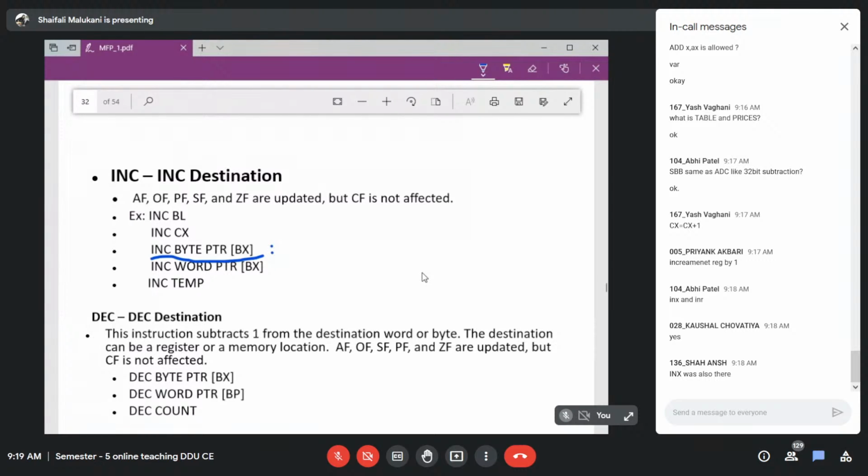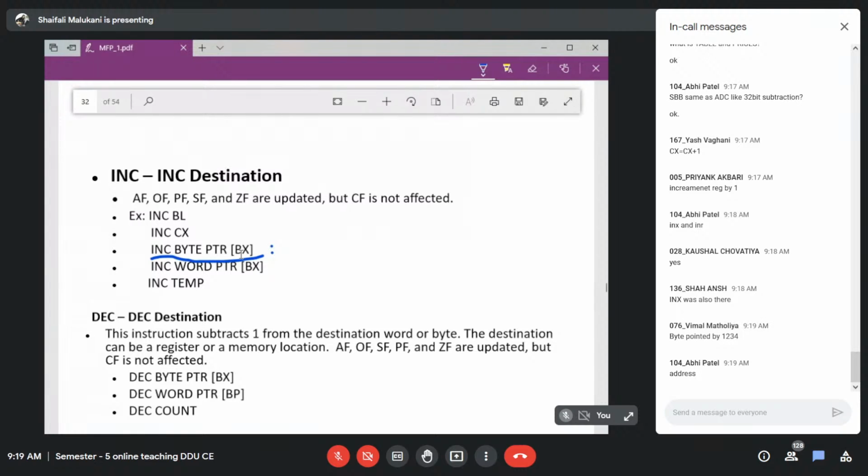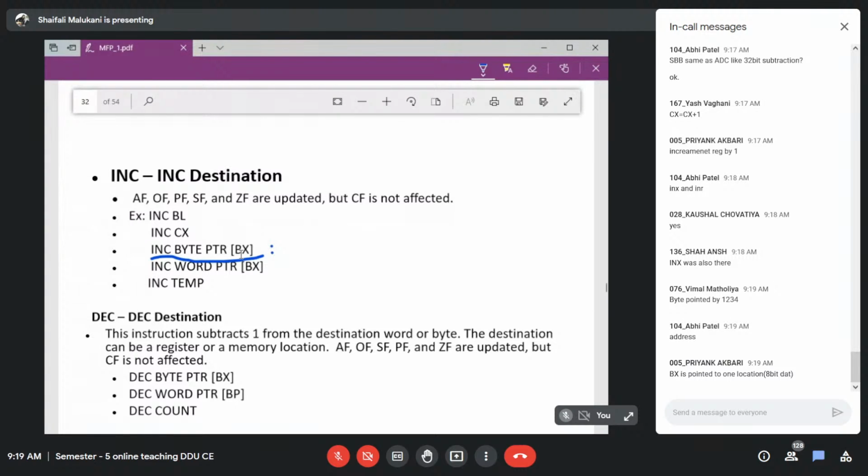Suppose the content of BX is there, 1234. BX has the value 1234. What will this point to? Is 1234 taken as content or address, first of all? Yes, it is taken as address. Byte pointed by 1234.